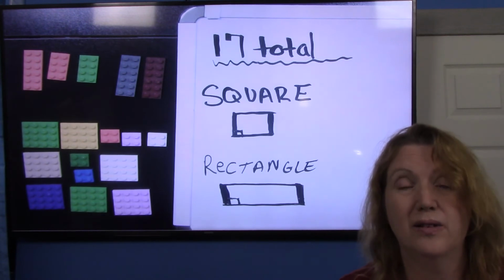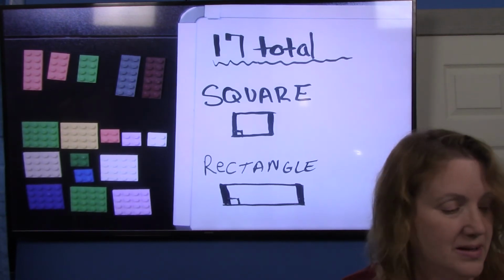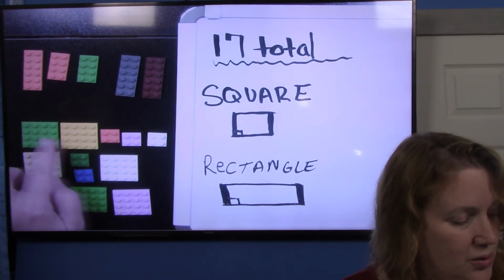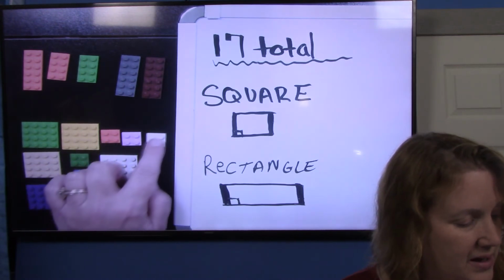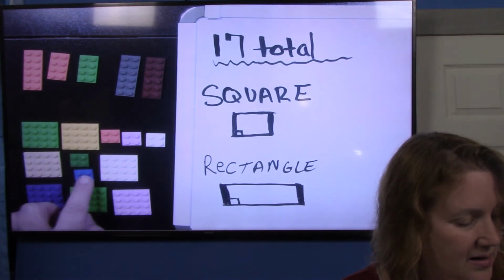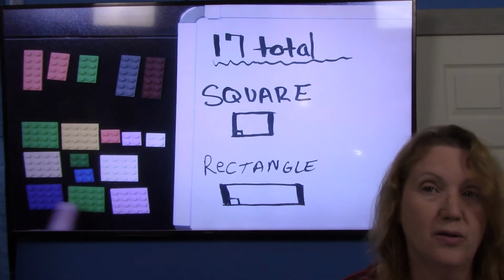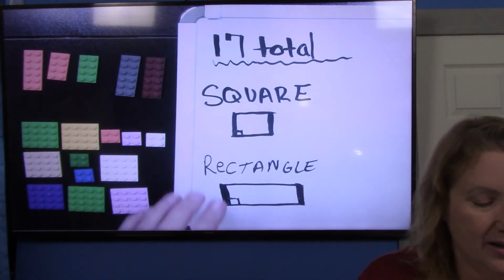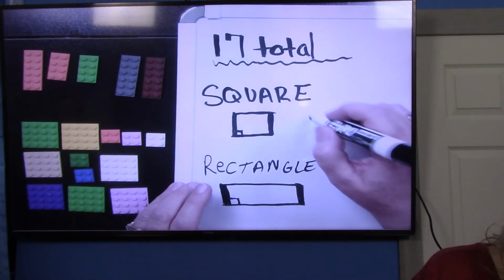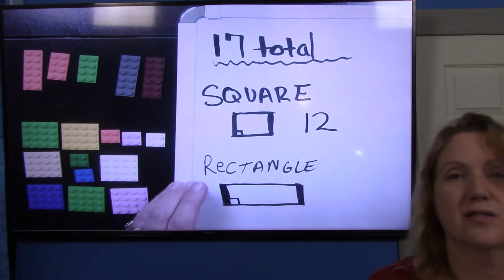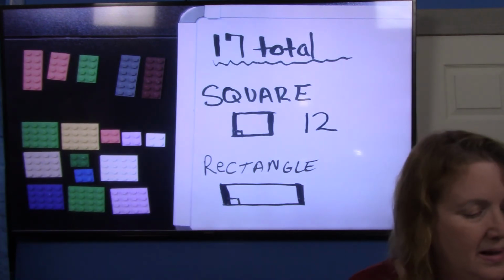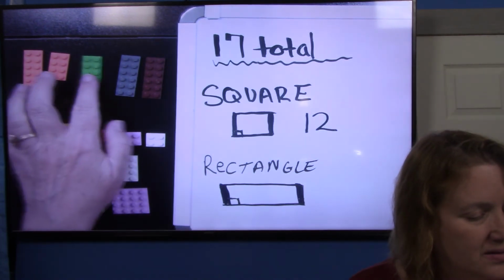Wow, I have 12. Let's double count that to make sure I didn't mess up. 1, 2, 3, 4, 5, 6, 7, 8, 9, 10, 11, 12. It's always good to double check. So I have 12 squares. What about my rectangles?